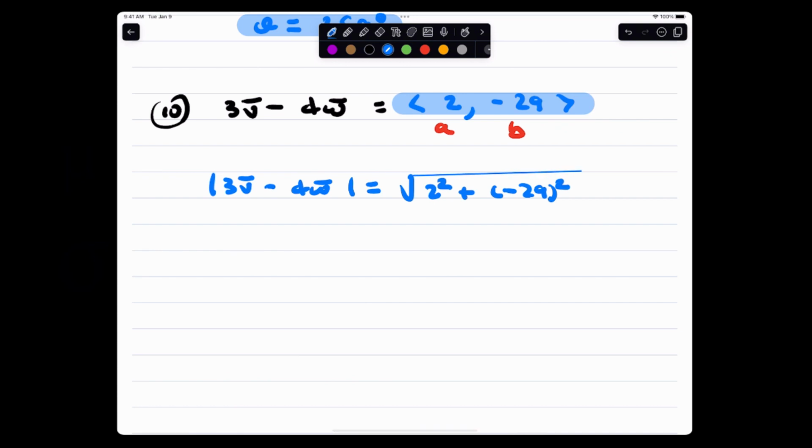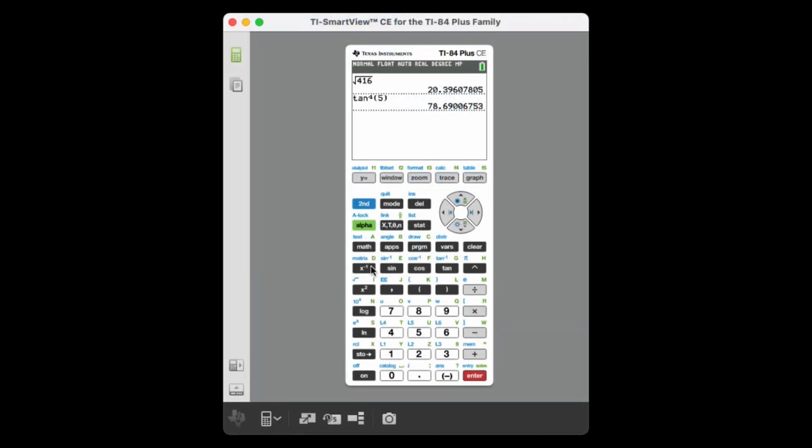Okay? So you might say, hey, Mr. Judge, that's a lot of arithmetic. Can I still use my calculator? Yes. You know what you can do? You can say square root of 2 squared plus, put in parentheses, negative 29 and square that. What do you guys think? What's it going to give you?